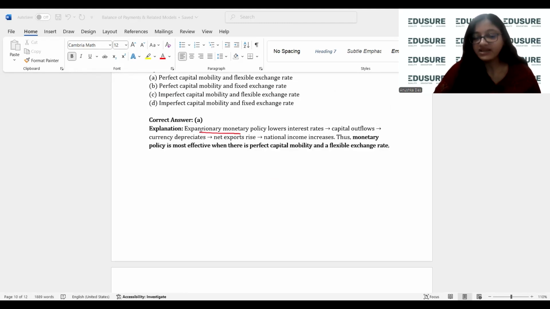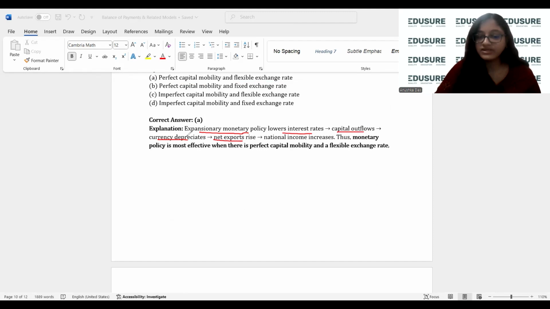And why this will happen, I have given you a small reasoning here as well. If you take expansionary monetary policy, it will lower the interest rate. With the domestic interest rate getting lower, capital outflow will take place. That will depreciate the currency, and the value of the currency will come down.